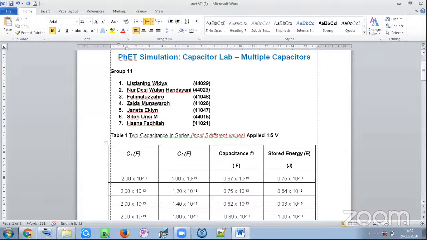Next is C2 in row 3. We input 1.4 times 10 to the power of minus 13, and the result of capacitance and stored energy is 0.82 times 10 to the power of minus 13 and 0.93 times 10 to the power of minus 13.